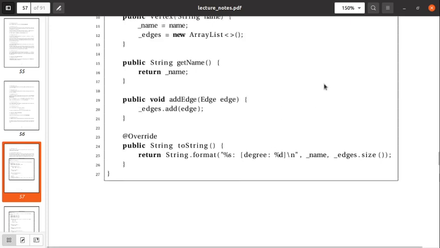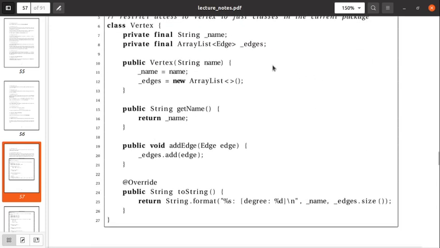And you'll notice that we don't provide the means to iterate the edges, right? So this, in the end, we're maintaining it, and we give ourselves the option to add on to it later. But for now, we only maintain it so that we can say what the degree is, right? Like, what is the degree of this vertex?